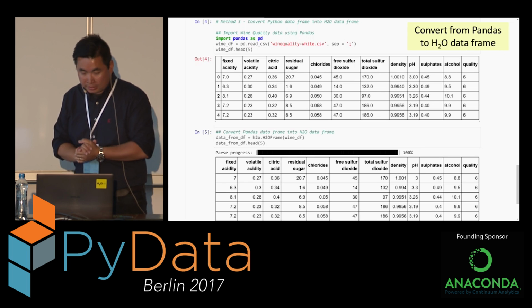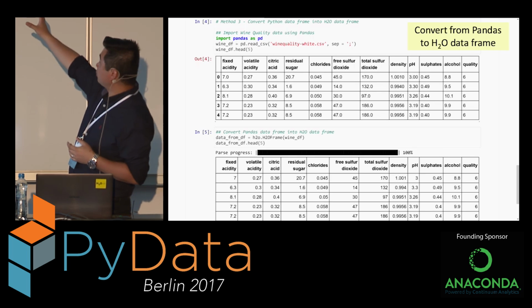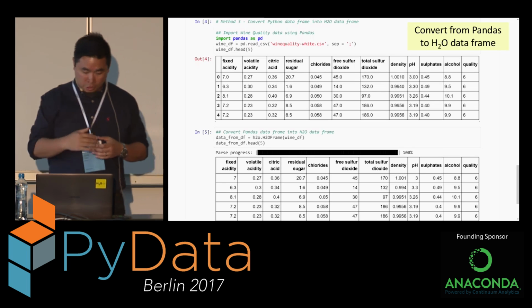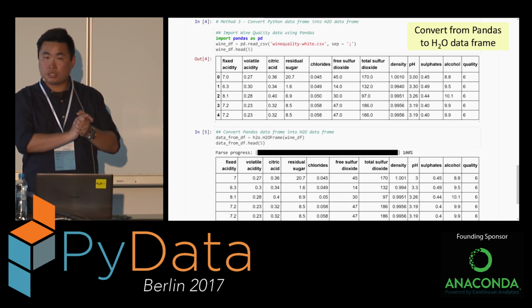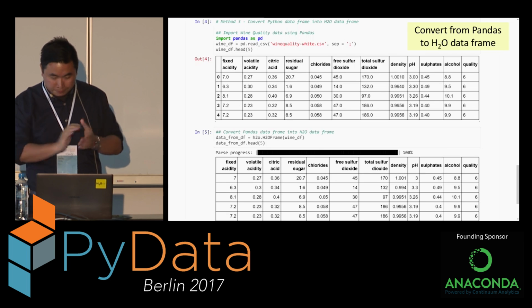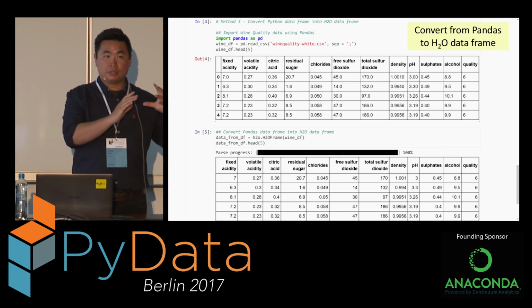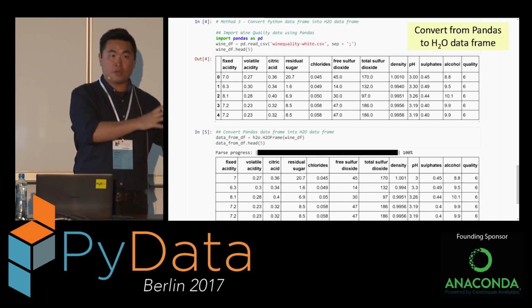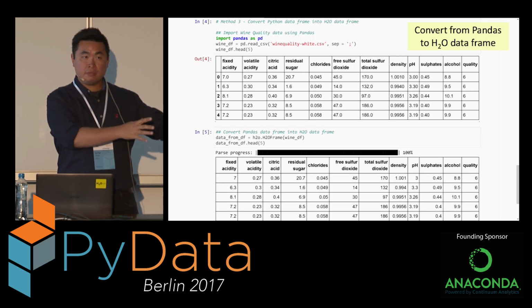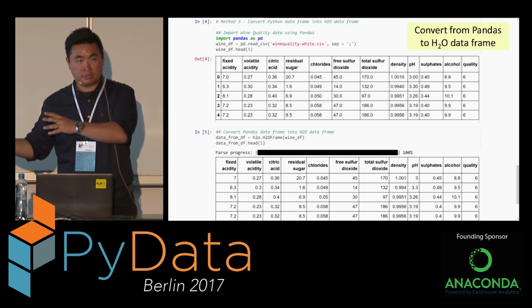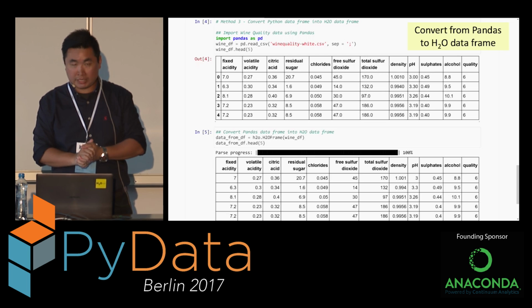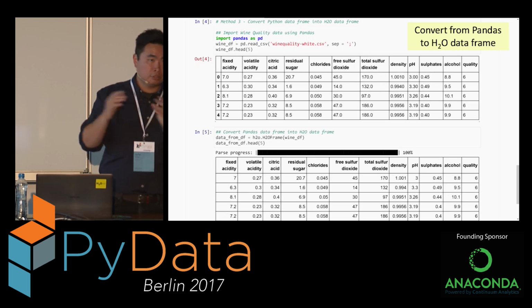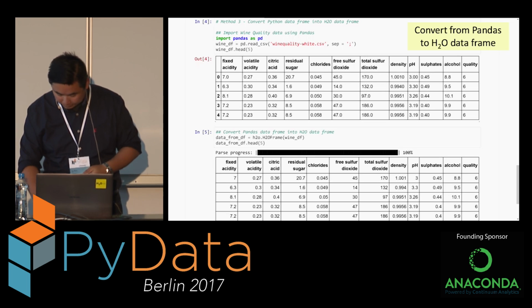The command is, if you see in the bottom half in there, h2o.H2OFrame. That is to convert anything in a Pandas data frame into the H2O cluster, which is in Java. That is the way that you can convert anything from Pandas to an H2O data frame.